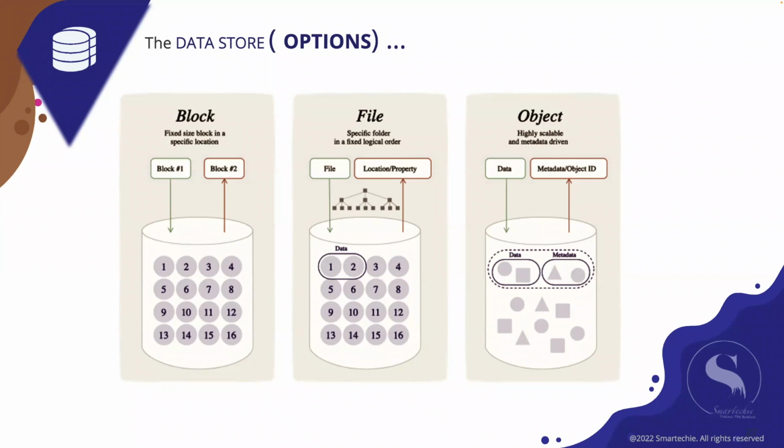To access the data, just use the ID or metadata associated with the object. Think of it like the junk drawer in your house that has a lot of useful things inside, but nothing organized in a meaningful way.